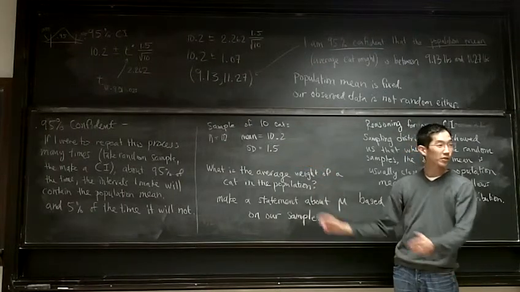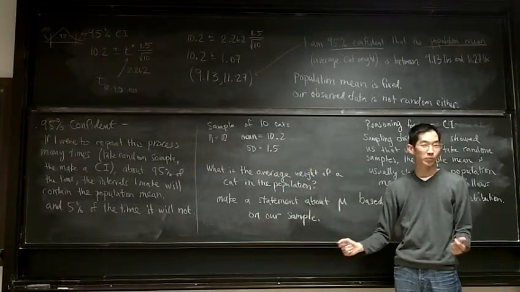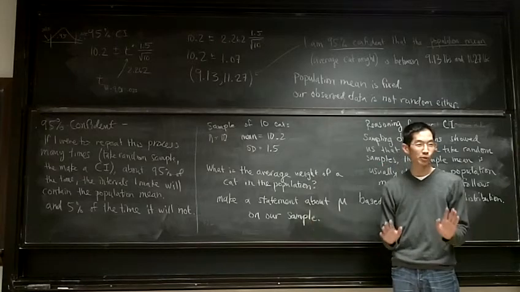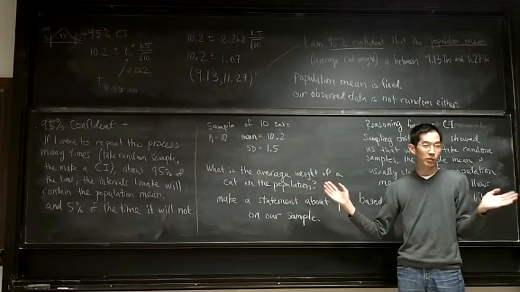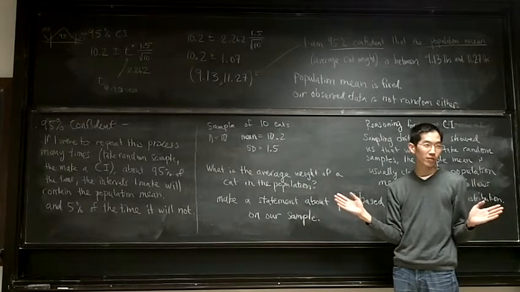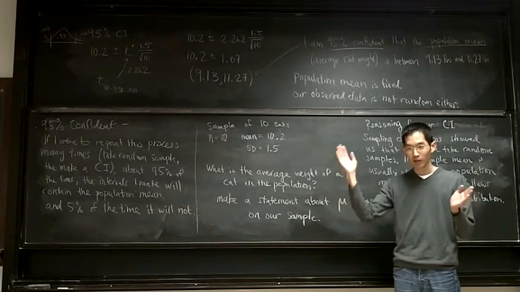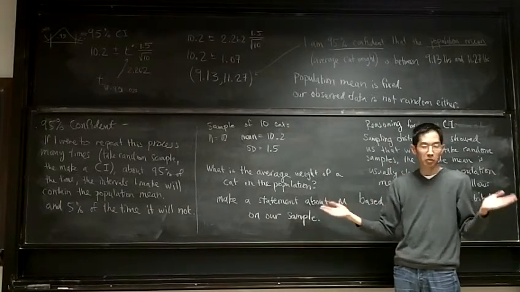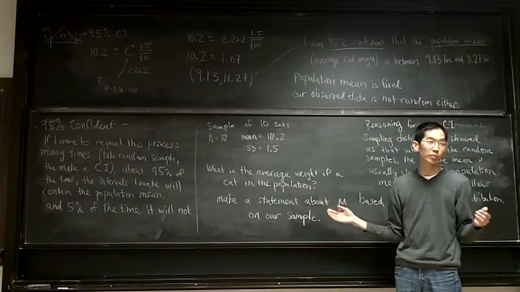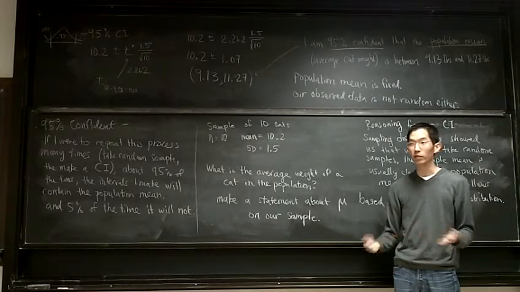So this is what we're faced with when we do statistics in the real world. If I asked you what's the average height of a male in the United States, you'd have an idea, like 5'9" or 5'10". But we actually don't know what the average height is.